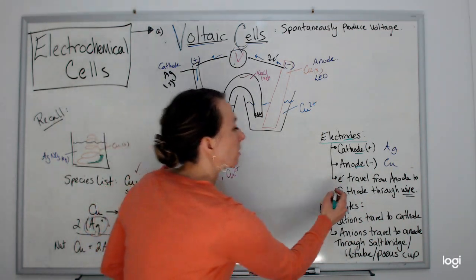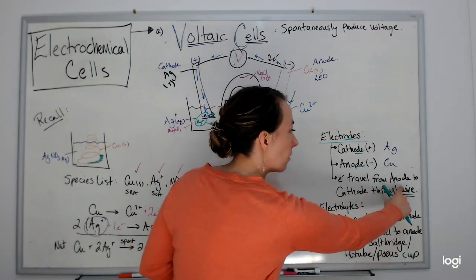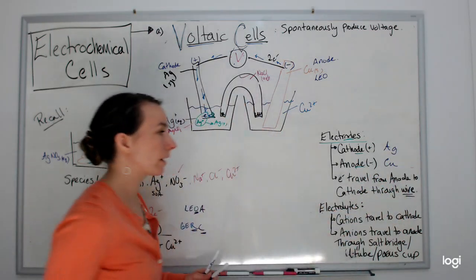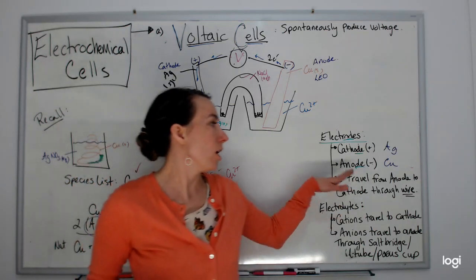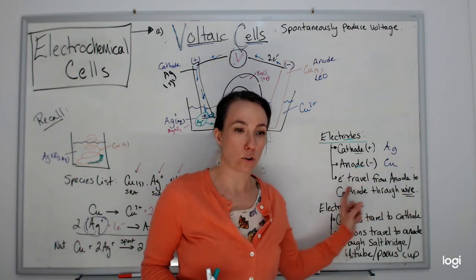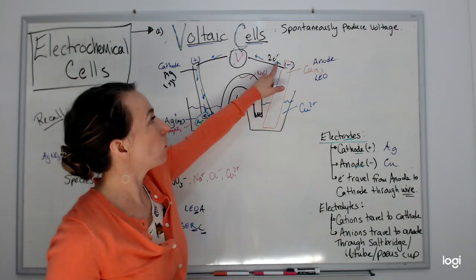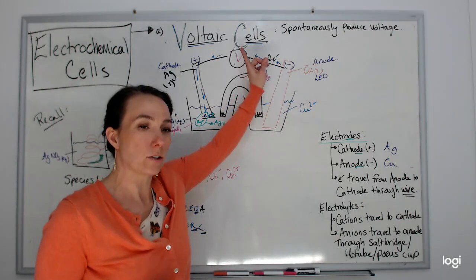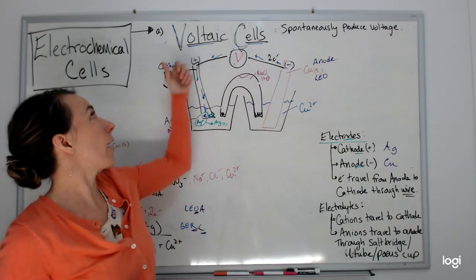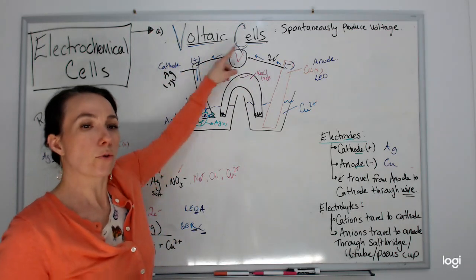Okay, now the electrons always travel from the anode to the cathode through the wire. Let's follow that. They traveled from the anode, oh yeah, because the copper gave away its 2 electrons, to the cathode, oh, here we go, through the wire.